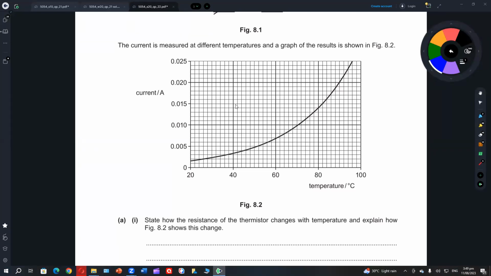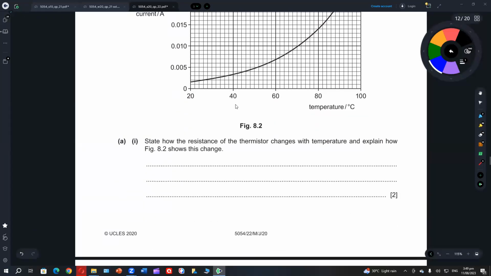State how the resistance of the thermistor changes with temperature and explain how it shows in this graph. The graph is bending towards current axis.